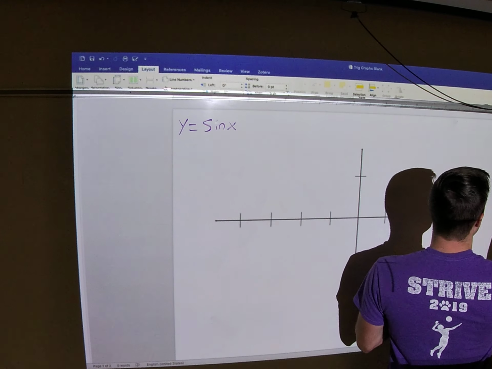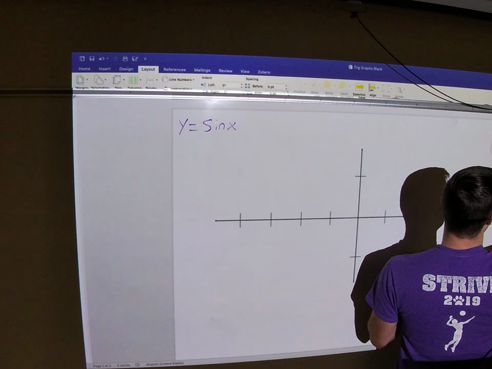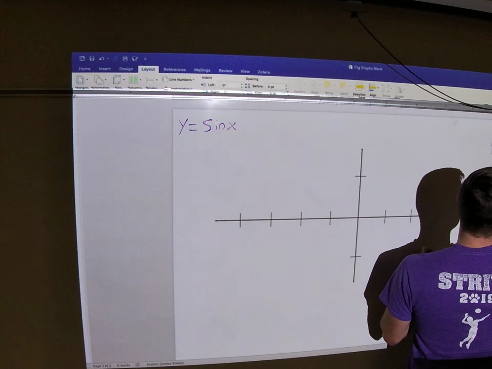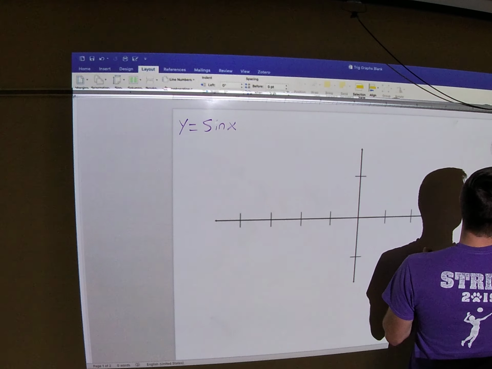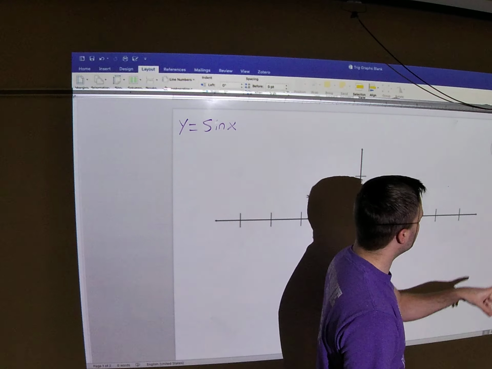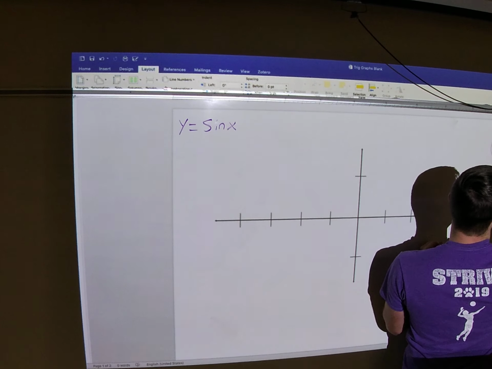Now, it's been a while, but let's take a look at the unit circle in general. So if I just drew a quick unit circle, this coordinate point here would be 1, 0, right? And this would be our x, y. Now, the 90-degree angle measure would be 0, 1. The 180 degrees would be -1, 0.